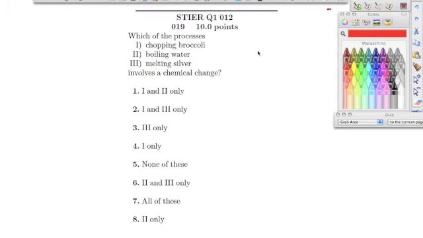Okay, number 19, it says which of the processes, chopping broccoli, boiling water, or melting silver, involves chemical changes? Now, when we're looking at the difference between chemical and physical changes, chemical changes are going to change what the substance is. It's going to change from one thing to another.